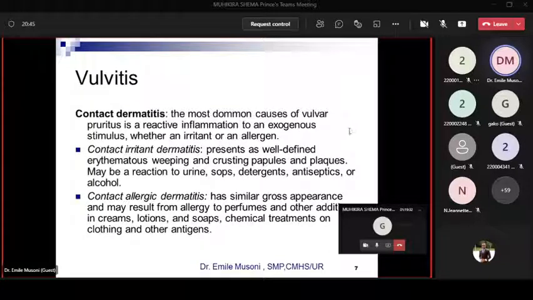Those can cause vulvitis due to contact dermatitis. So it is not advised to use many soaps or lotions on the vulva. Most of the time it can cause allergy and contact irritant dermatitis.